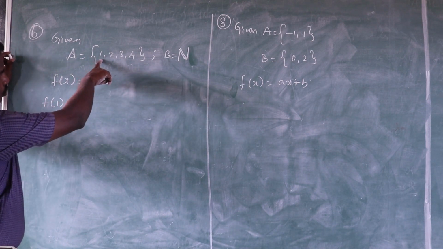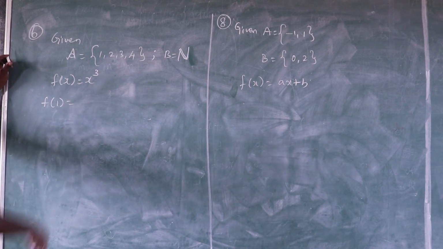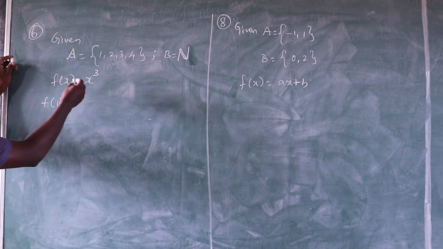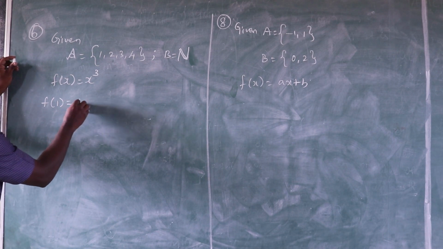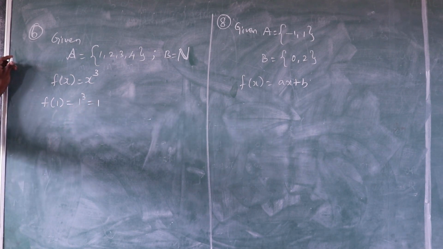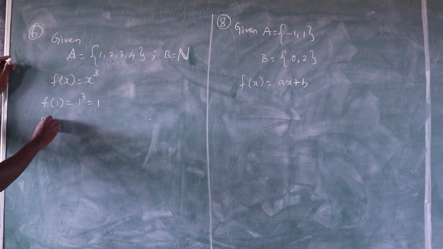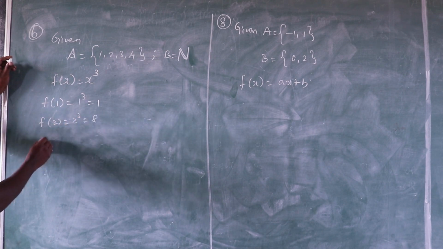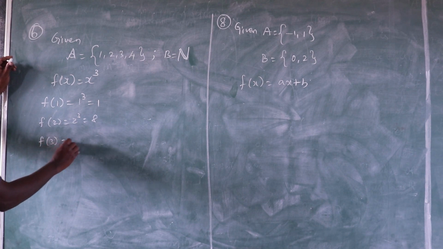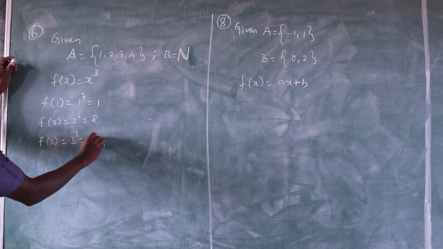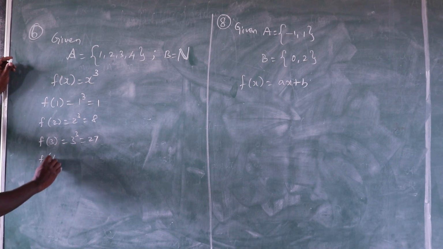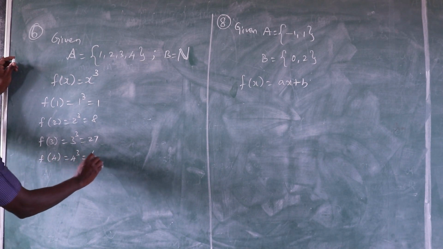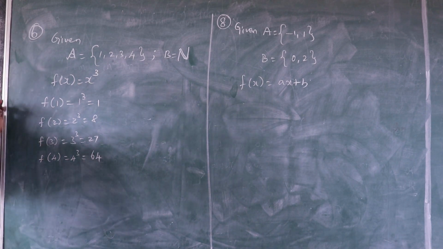Replace the values of x 1, 2, 3, 4 and then finally you can draw an arrow diagram, write the type of function. So f of 1 is equal to 1 cube equal to 1 and then f of 2 cube equal to 8. f of 3 cube equal to 27. f of 4 cube its value 64.